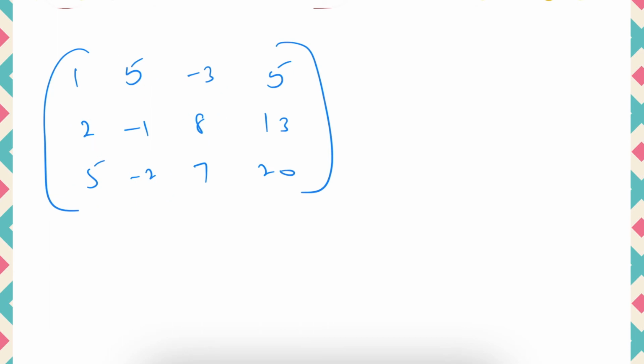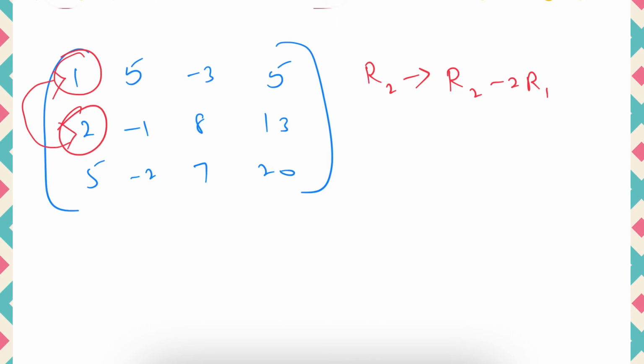So first, R2 I will change, because here I don't want 2, I want 0 there. So R2 I will change to R2 minus 2R1, because in R2 we have 2. This 1 if I double, it is 2. This 2 if I subtract, 2 minus 2 I will get 0. So that's why I am writing like that.